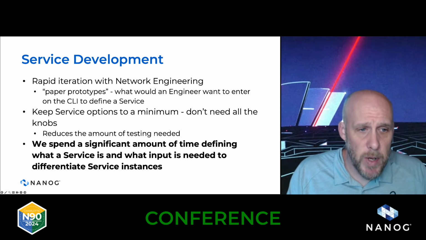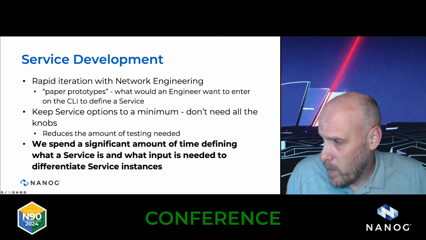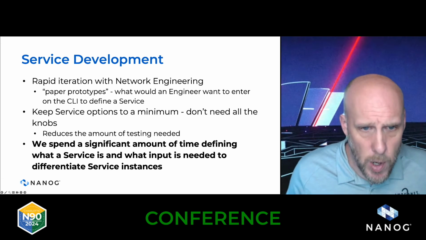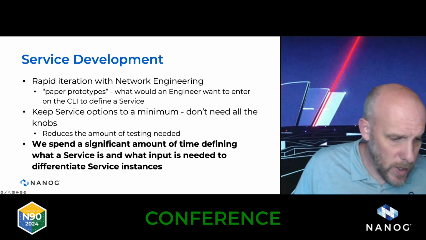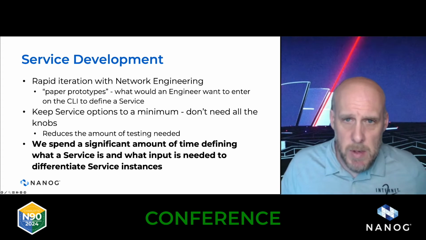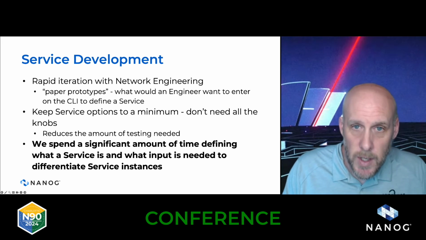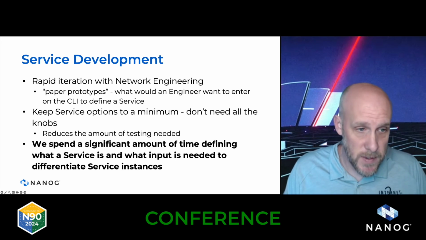When we do service development, we keep service options to a minimum. To me, I think that's key with automation. The reason you have config sprawl and snowflakes is because if you have access to all the knobs, maybe people turn on all the knobs, and you don't want to turn on all the knobs. That reduces your configuration consistency.